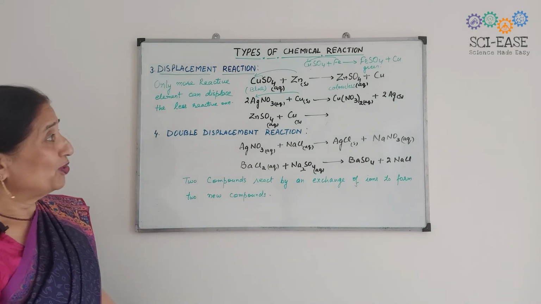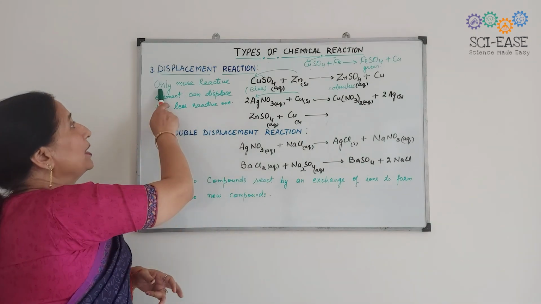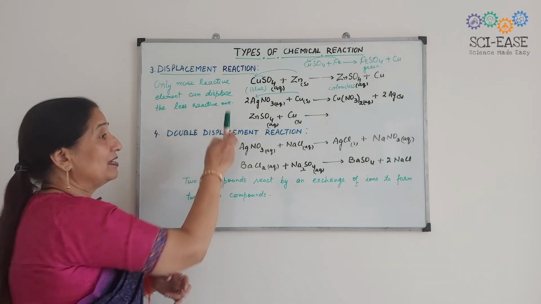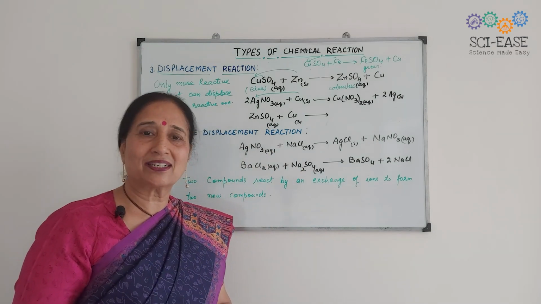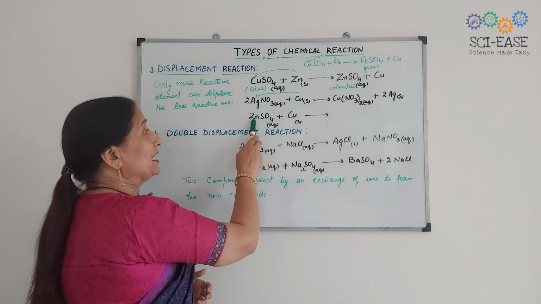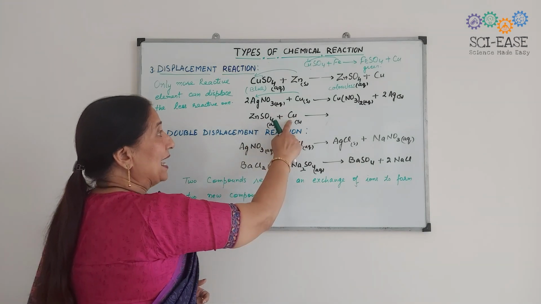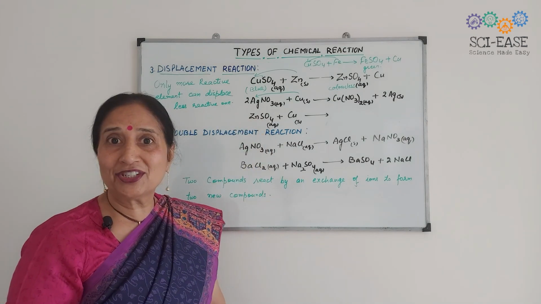Now I want to clear this thing: only a more reactive element can displace the less reactive one. A less reactive element cannot displace the more reactive one. So we will take zinc sulfate plus copper. Can copper displace zinc from zinc sulfate solution?